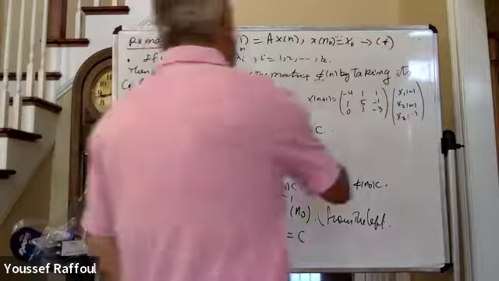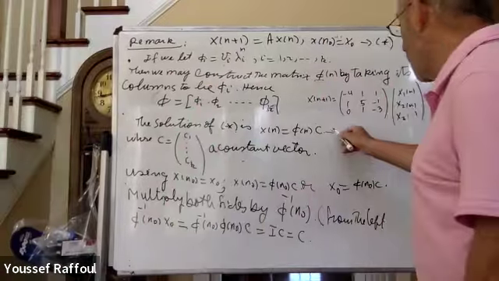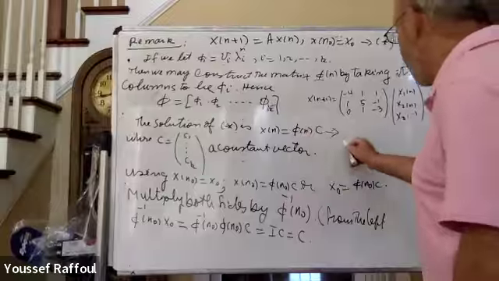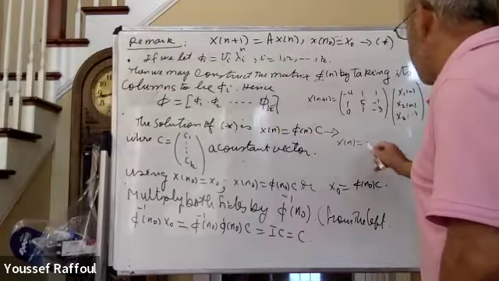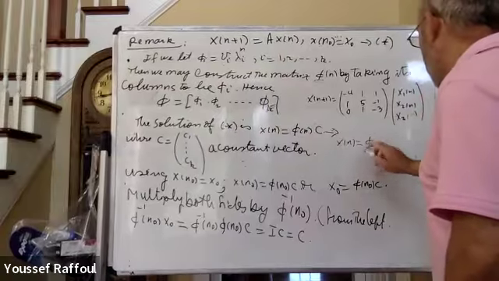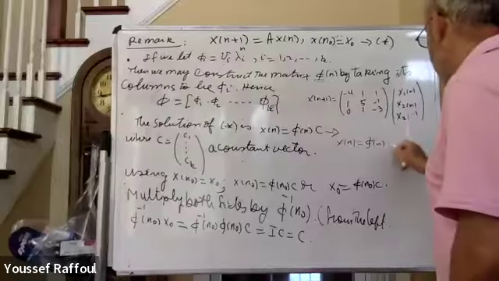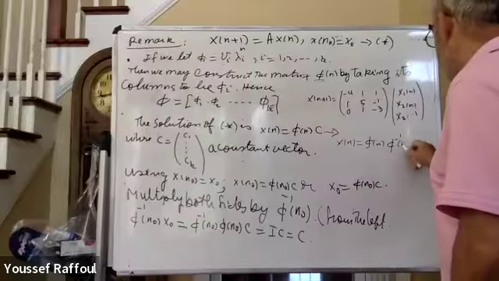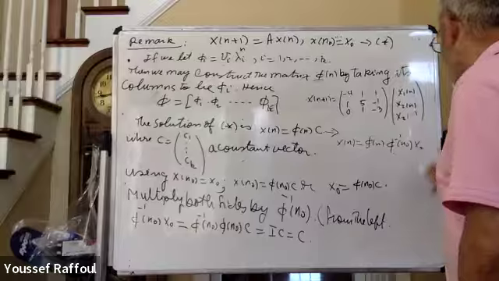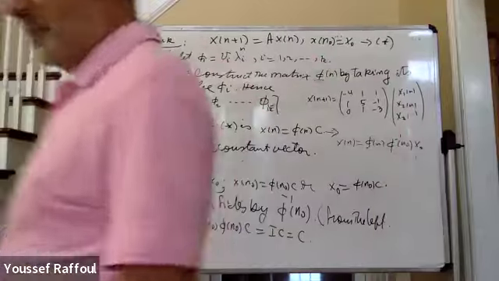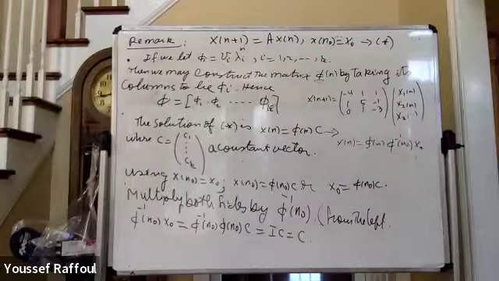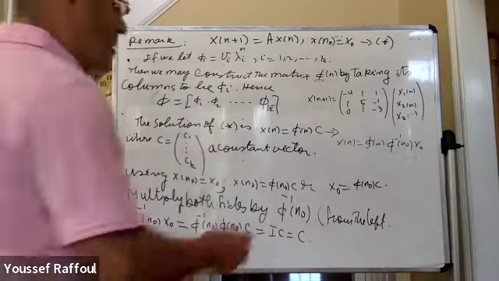So now let's put it here. If I come back to here, then x_n is phi_n phi inverse of n_0 x_0. Okay? That is the solution.